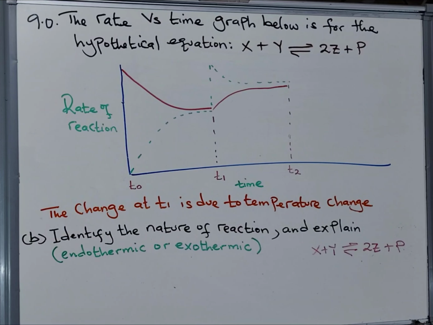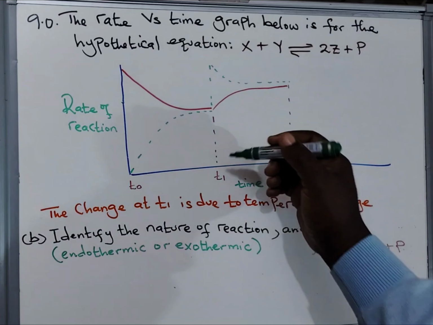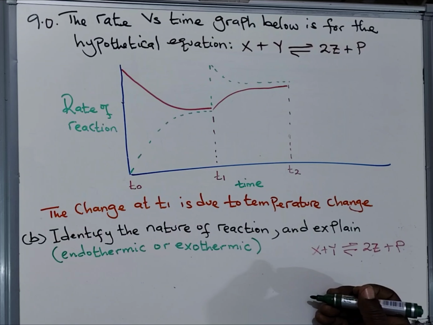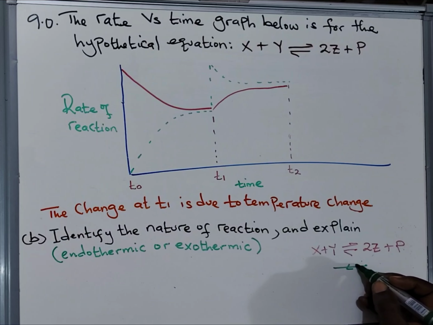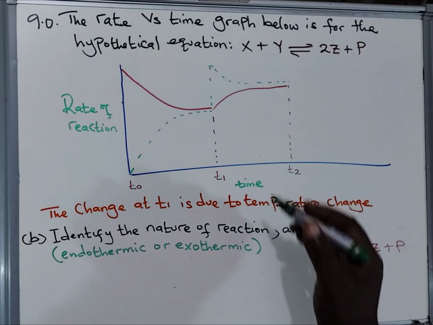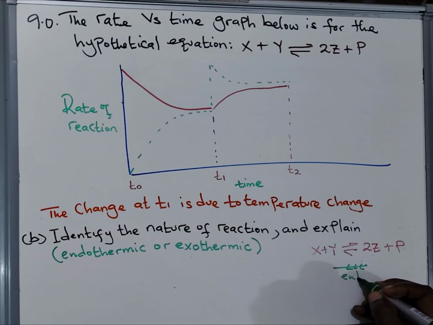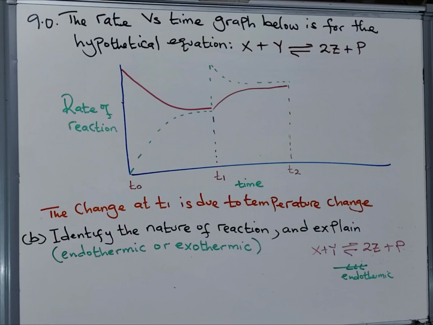You need to know that at T1 temperature increased, and reverse is favored. So reverse favored means that this side is favored, and temperature increased means that this side is endothermic. Because according to Le Chatelier, increase in temperature favors endothermic. So reverse is endothermic. But reactions are given in the form of forward.